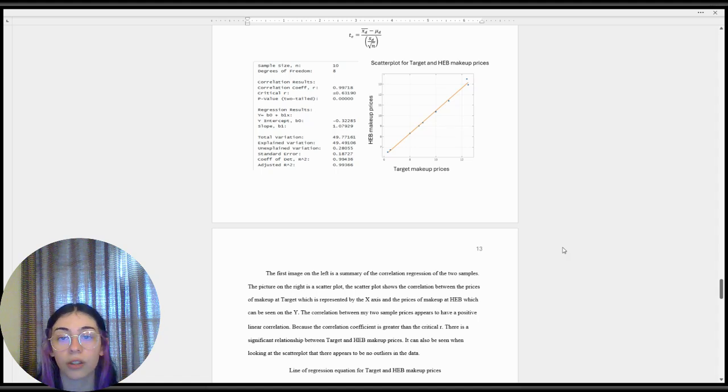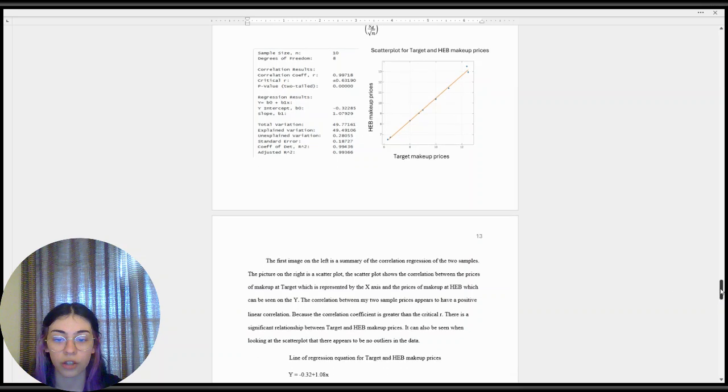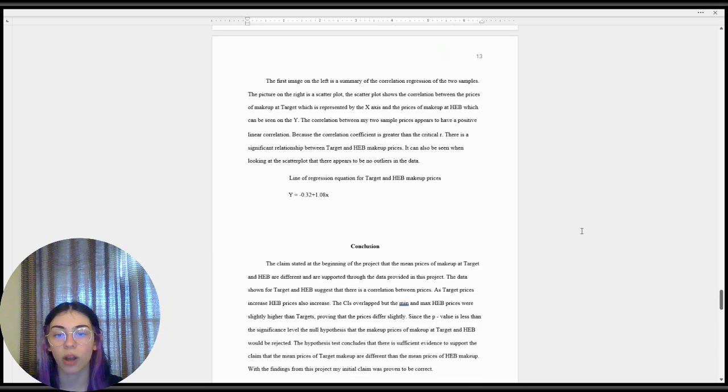This is upheld by the data to the left when looking at the correlation coefficient of R, which is larger than our critical R. That tells us that there is a significant relationship between Target and HEB makeup prices. So then below that, we have our line of regression equation for Target and HEB makeup prices.